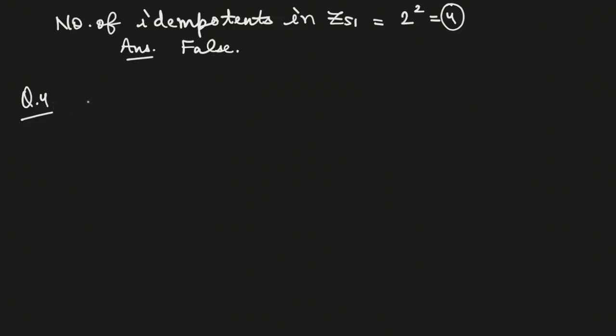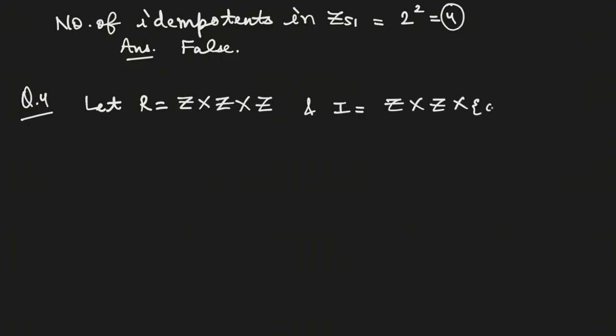Let the ring be Z × Z × Z and I = Z × 0 × 0. Then which of the following statements is correct?